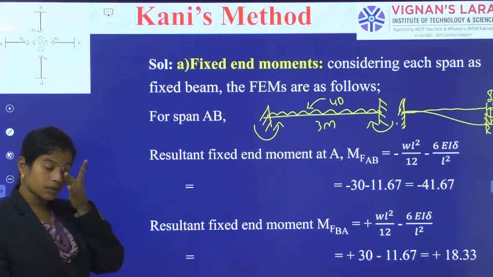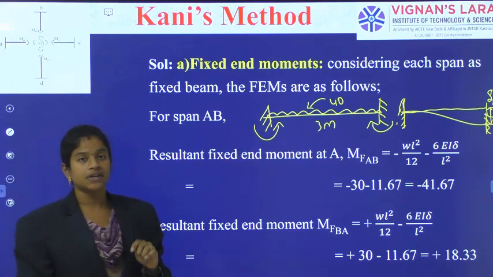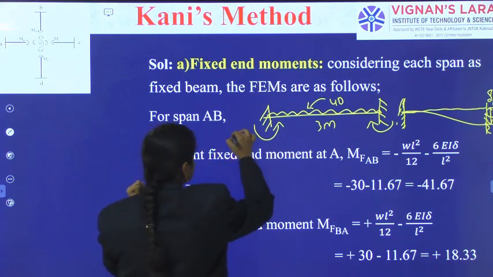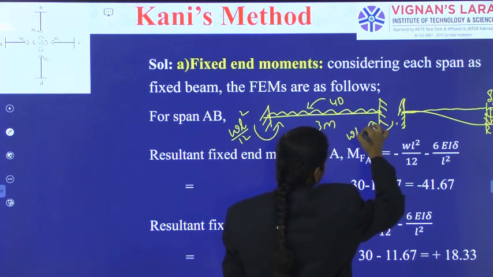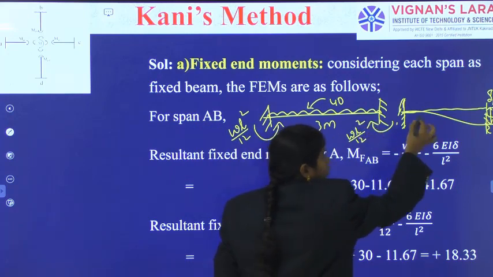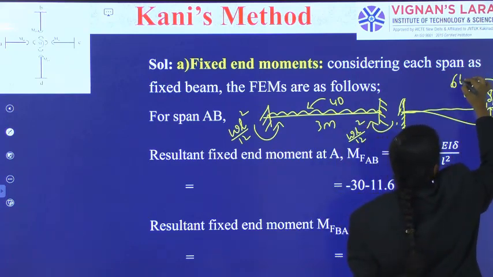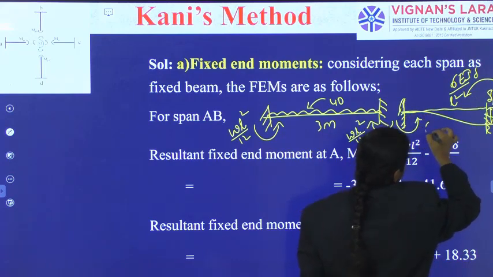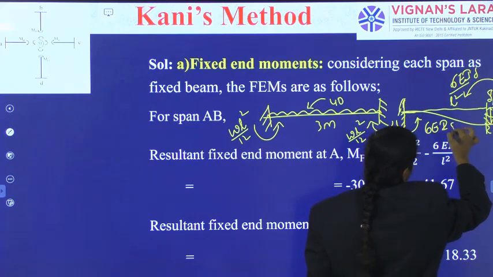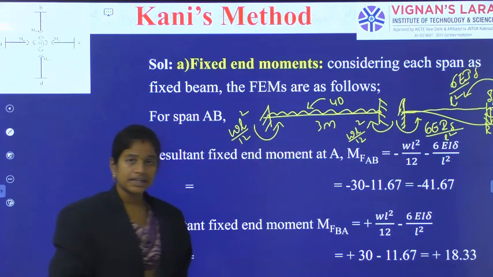Now the fixed moments only due to this UDL over the entire length are WL square by 12 and WL square by 12. But due to the sinking, it also has a moment of 6 EI delta by L square at each end.